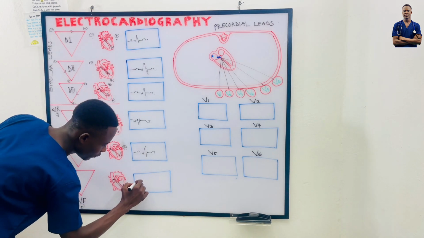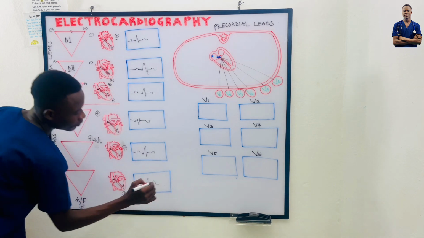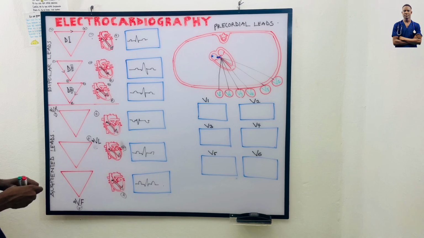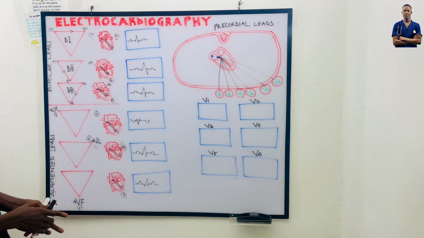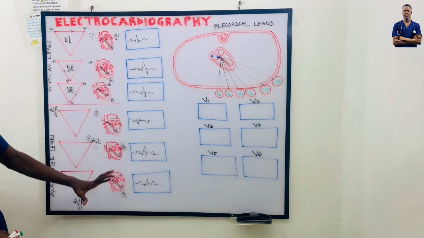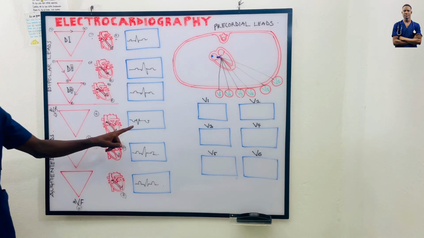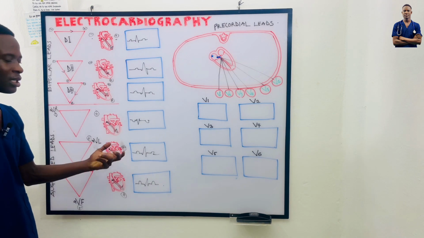So it will give us a positive reading. Now, this is the reading for the limb leads. For the limb leads, we get the positive reading, except the AVR, which gives a negative reading. So the AVR is giving the opposite of the other leads.